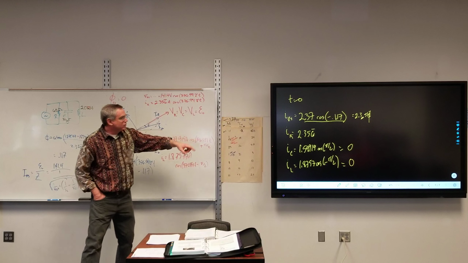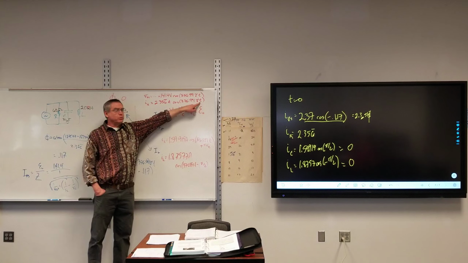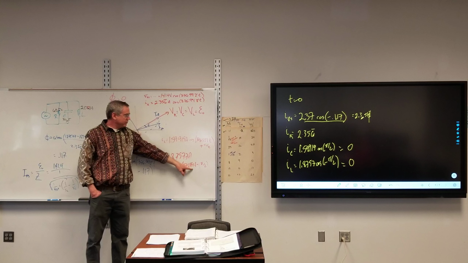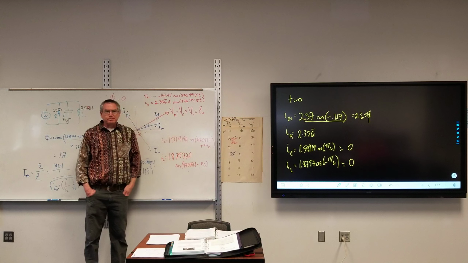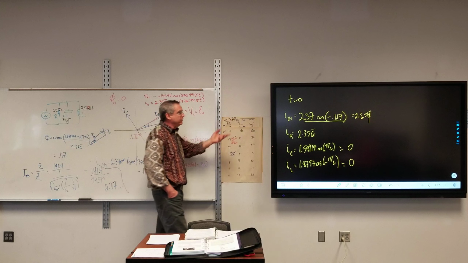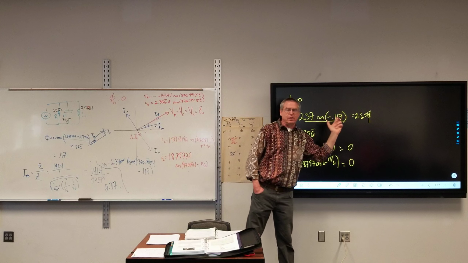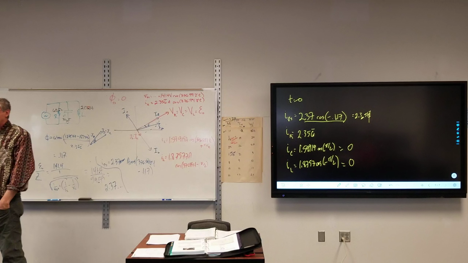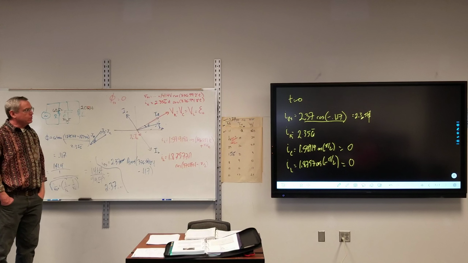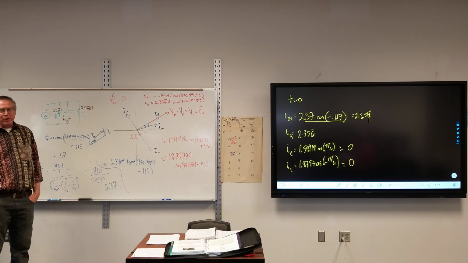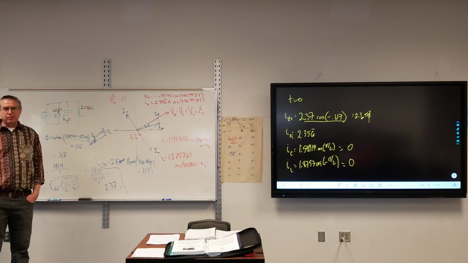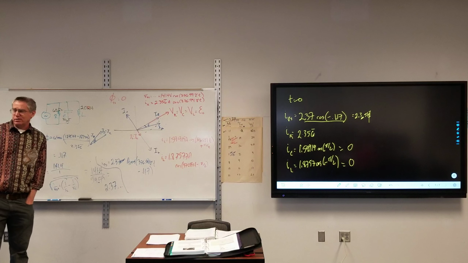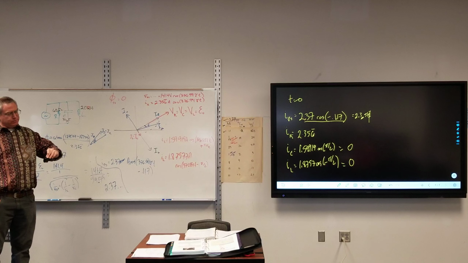When time is equal to 0, I put that in for t here. Now there's some rounding differences, but the fact they come out that close tells us that something has gone right. A better test would be to pick, say, 0.01 seconds or something like that. But that will be for another day, because I think class ended 10 minutes ago.